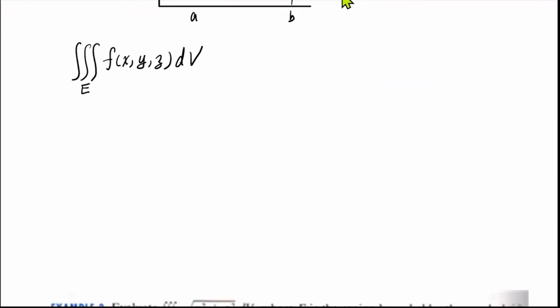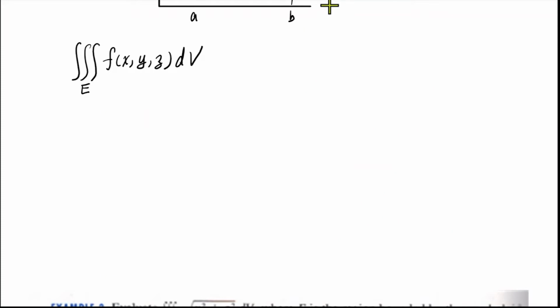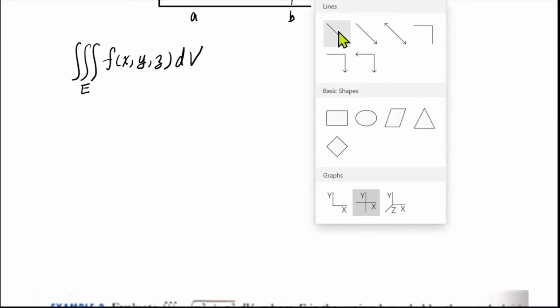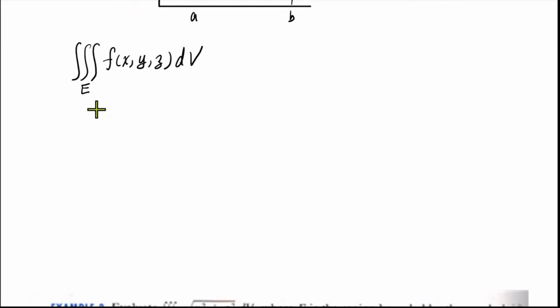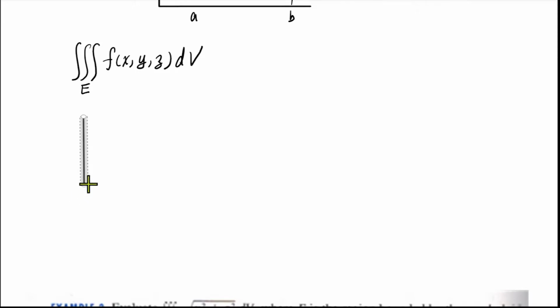Okay, so let's sketch our region, and this gets really complicated. So we have, let's say, z-axis right there. And let's say this is our y-axis this way.